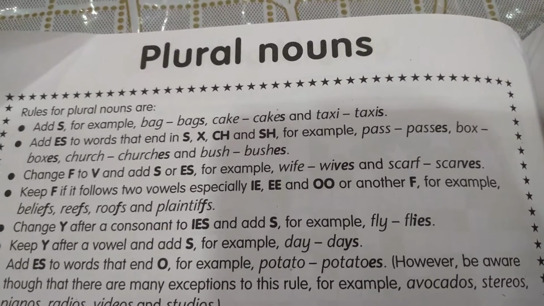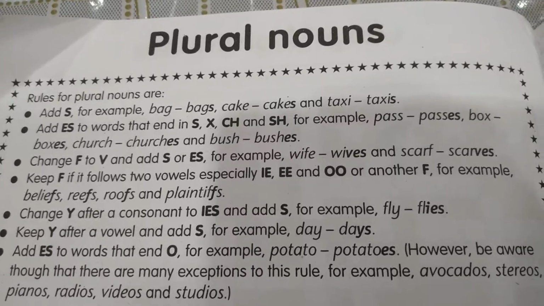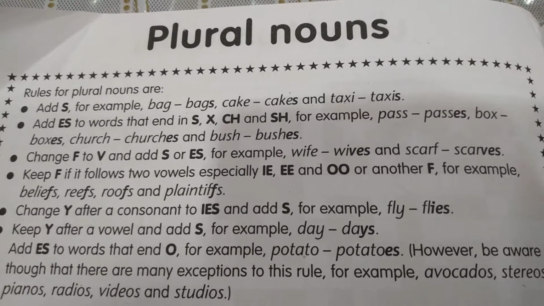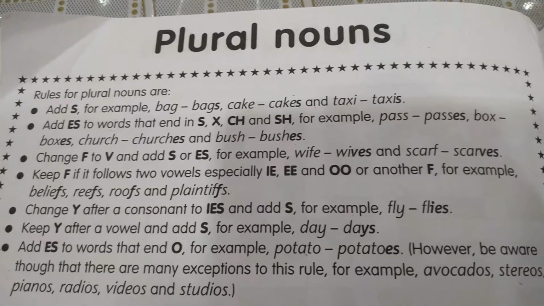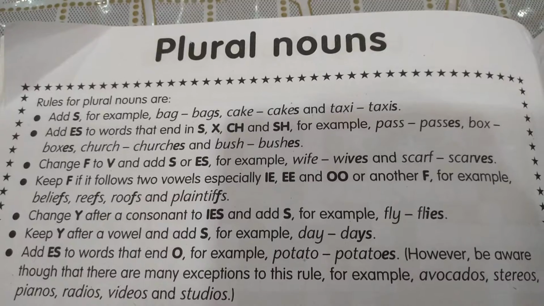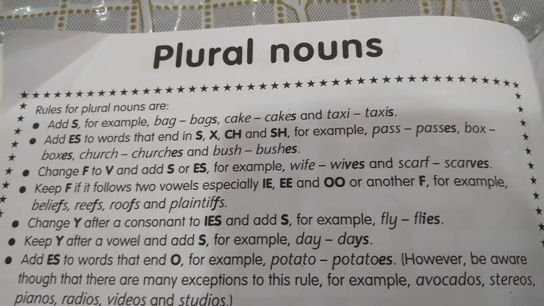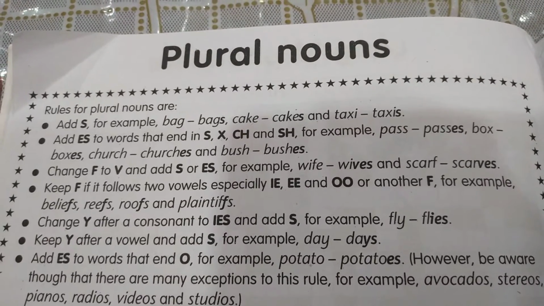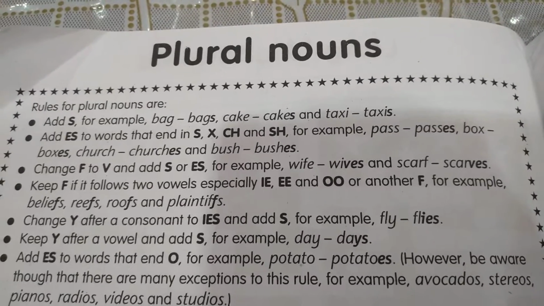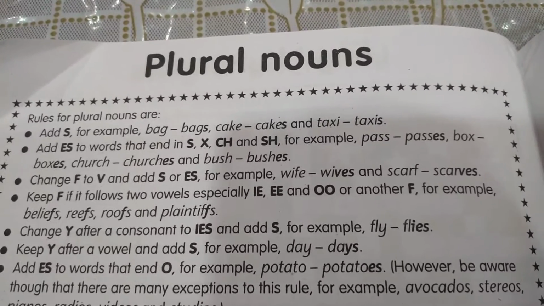Now, we also have to change the f of a singular noun into v and add s or es. Example, wife. If there is wife, then for making it plural, the f will be changed into v.